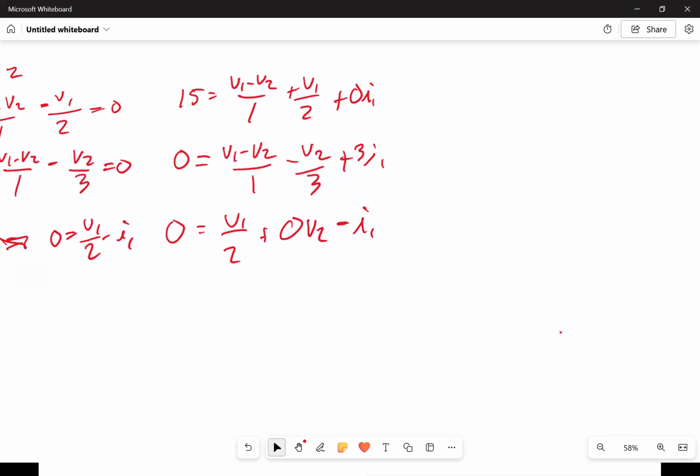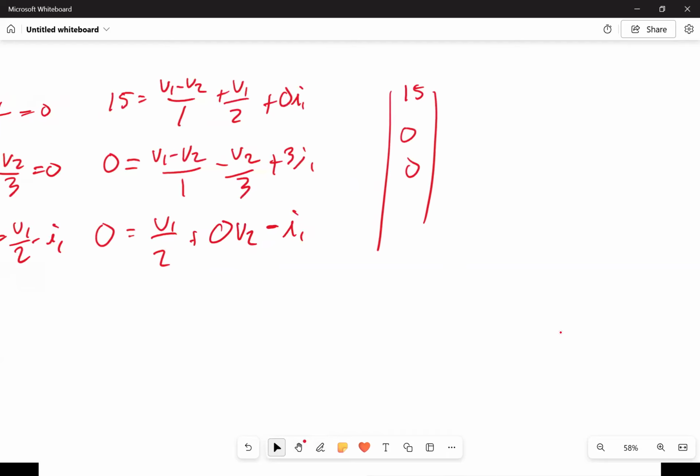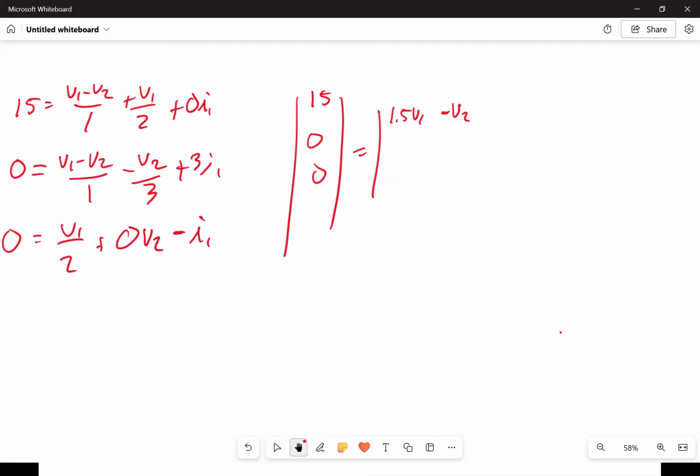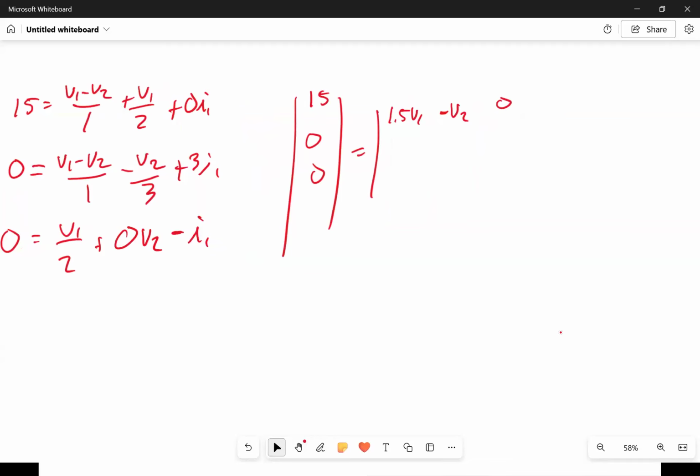When I set these up in my matrix, and again, I'm doing it quickly because I'm trying to jam it in, I see I have a 1 and a 2, so 1 over 1 plus 1/2 is 1.5 for V1, then minus 1 for V2, and 0 for the first row. My next one has V1, then minus 1 plus 1/3, so minus 1 and 1/3.